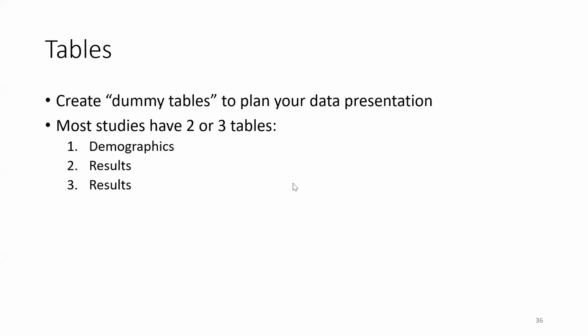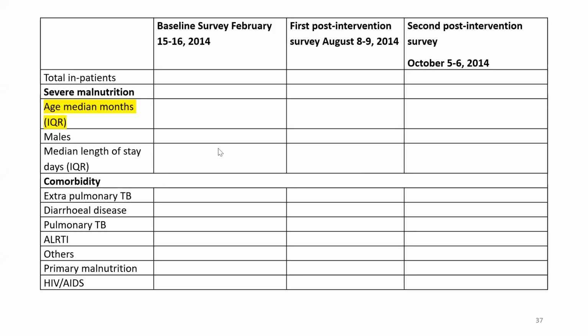And I wanted to give an example of what I thought was a very good study. And this is Dr. Michael Landy's study of malnutrition from a few years ago for his Master of Medicine. He made up some dummy tables to begin with. And this is his dummy table for patient demographics.